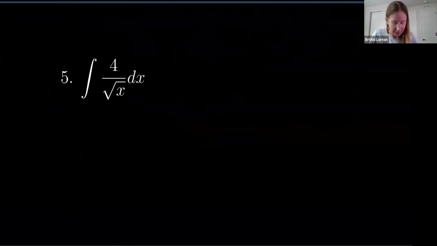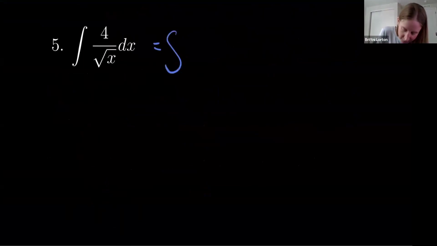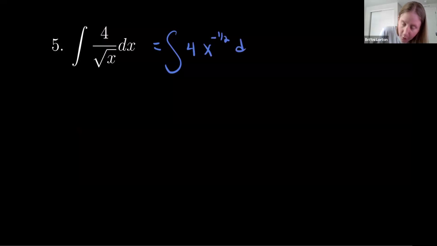All right, let's practice a little bit more. Let's do another one. This one is example number 5 here that is not linear on the bottom, so I can't do that trick. I really just have to do the regular antiderivative. So I'm going to rewrite that as 4 times x to the power of -1/2. When you have a square root on the bottom, that's going to be an exponent of 1/2 for the square root, negative because it was on the bottom. 4 is a constant multiple, it can stay.